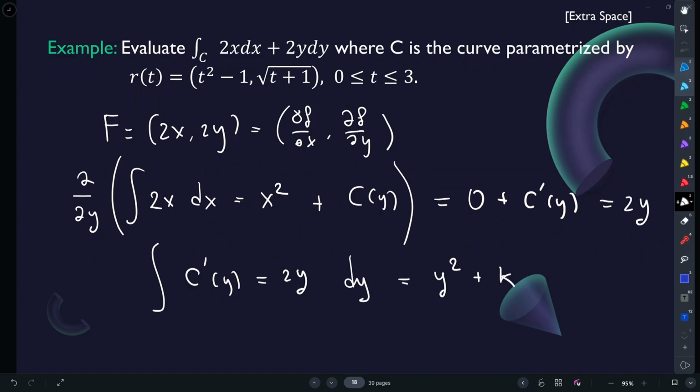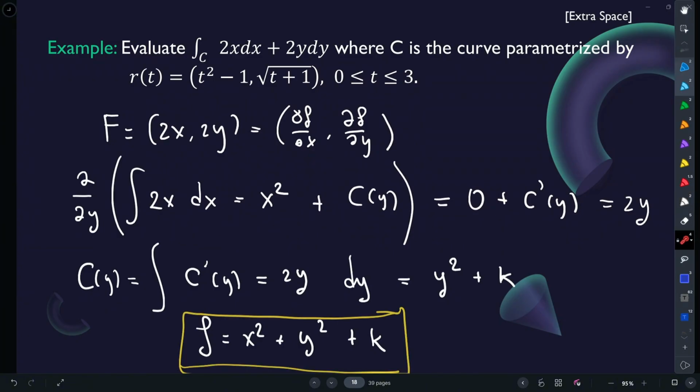So what I get is that the constant function has to be y squared plus a constant, and I had that the rest was x squared plus the constant function. So the function f has to be x squared plus y squared plus just any old number. That will work. So you could have picked x squared plus y squared, that's it, or x squared plus y squared plus 1. You usually pick the easiest one you can find.